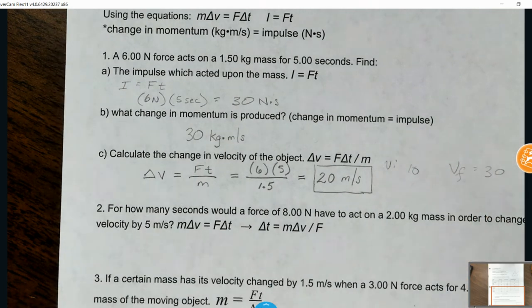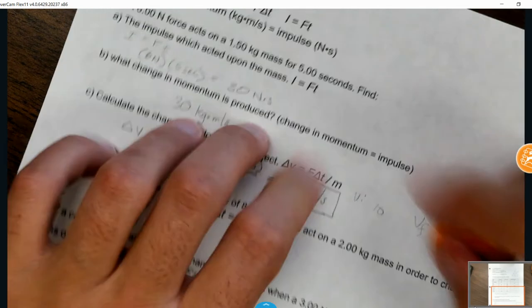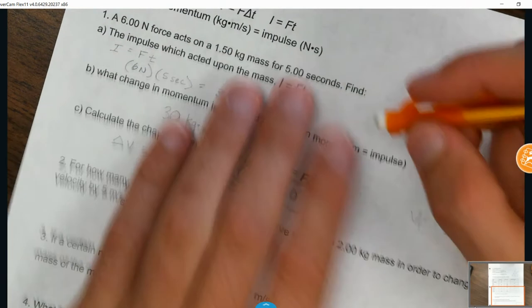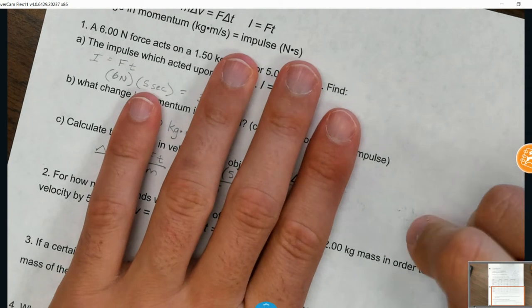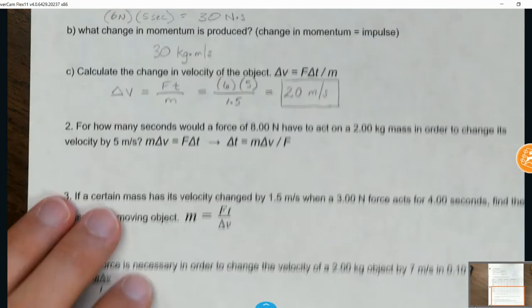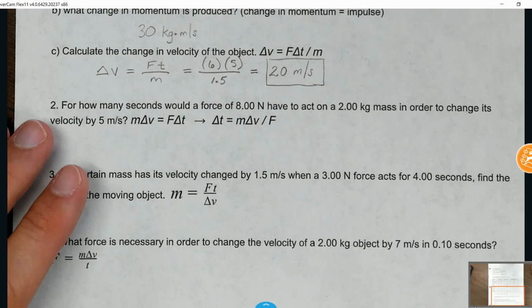That's just like a what if kind of a question. That's not on here, but something that may eventually be asked about this. Everybody cool?